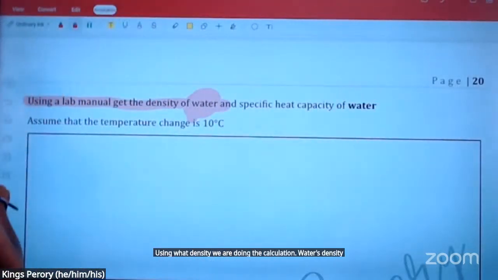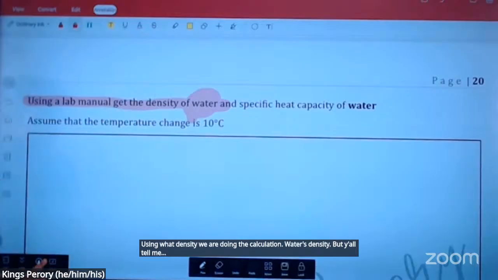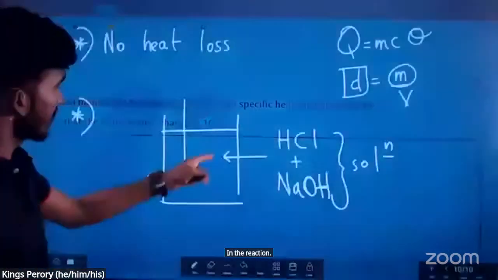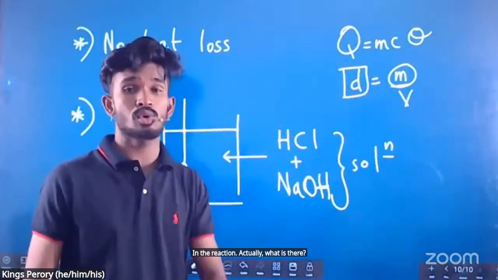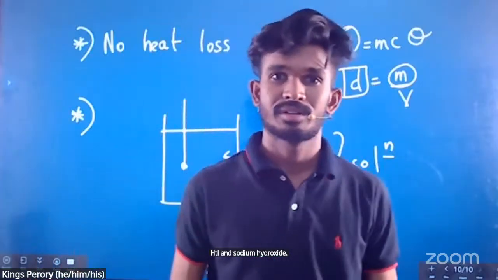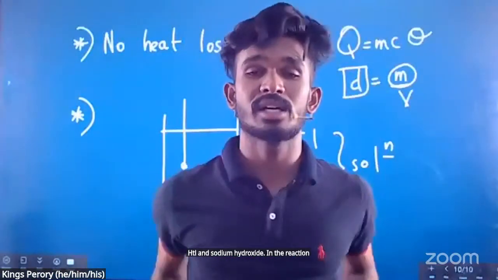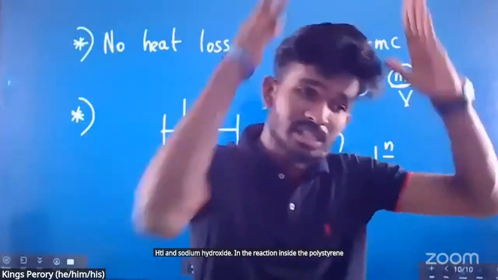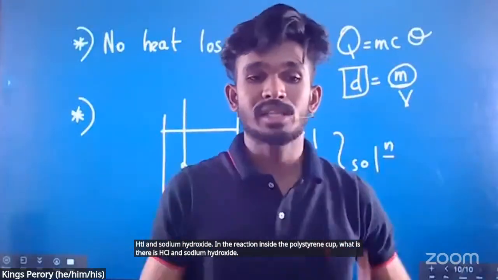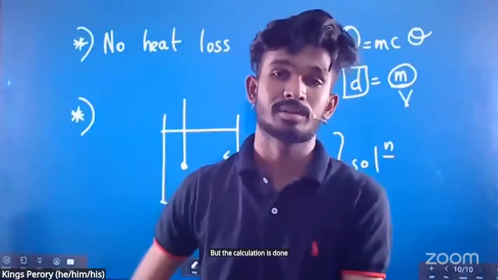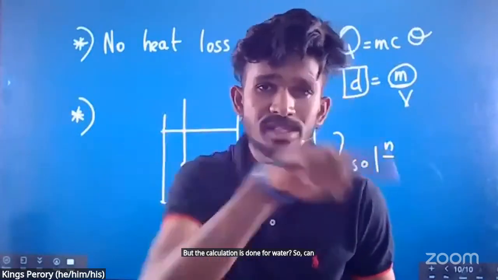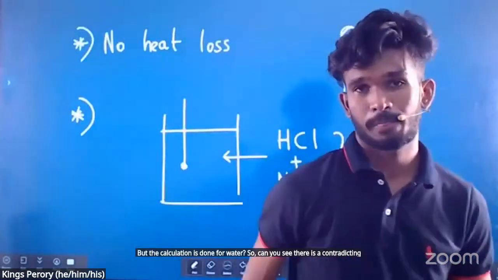But tell me, in the reaction, what is actually there? HCl and sodium hydroxide. Inside the polystyrene cup, what is there is HCl and sodium hydroxide, but the calculation is done for water. So can you see there is a contradicting point there?